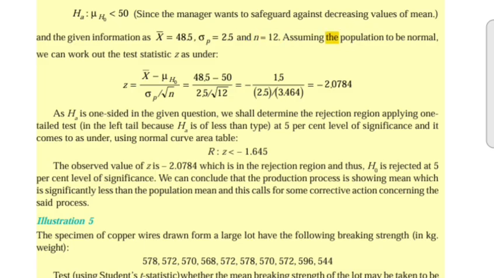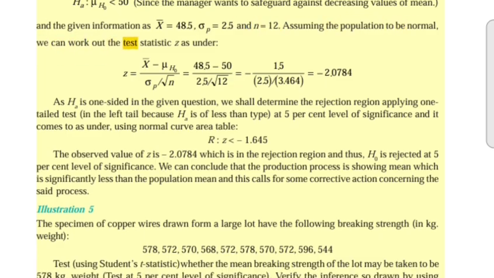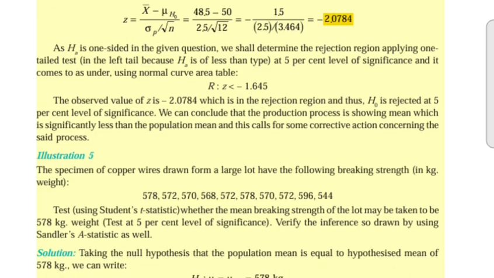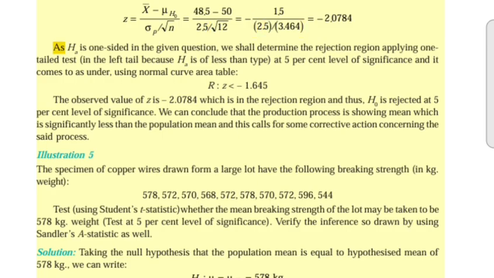Assuming the population to be normal, we can work out the test statistic z as z = (x̄ − μ)/(σ/√n), which comes to 2.0784 in magnitude.